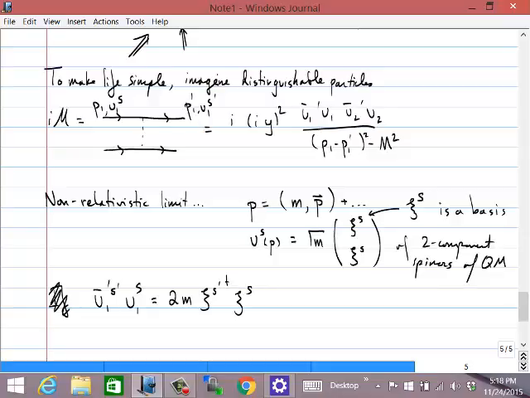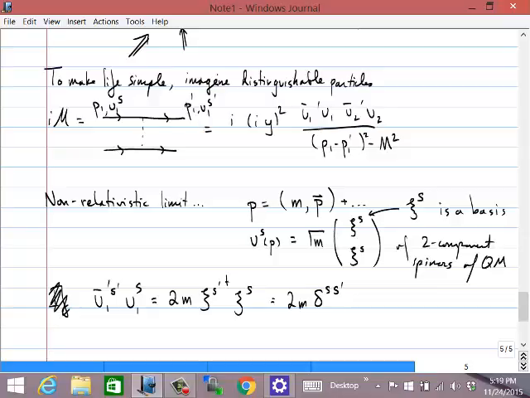And remember, we choose a basis of 2-component spinors so that they're orthogonal. So this is just 2m delta s s prime. So what we're seeing here is something that is not fancy at all. It's saying that if you send in a particle, your particle 1 has spin s, then the outgoing particle has the same spin. Okay? That's all we're saying.